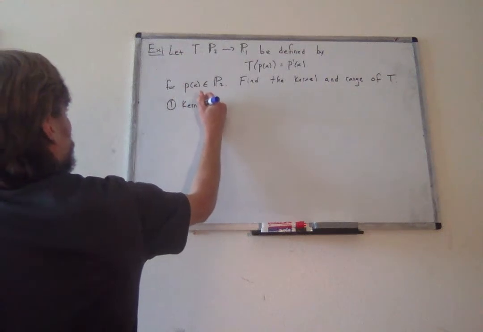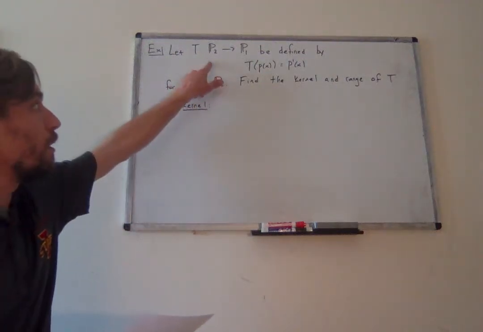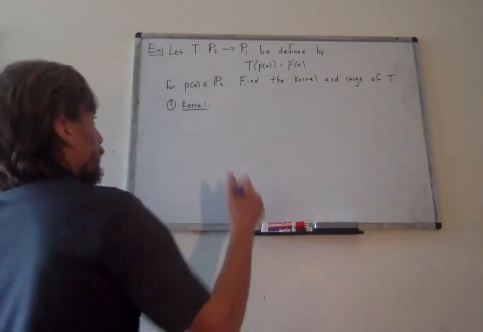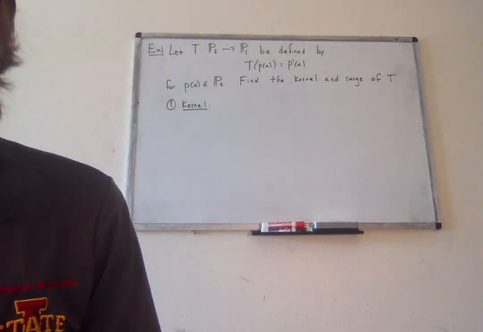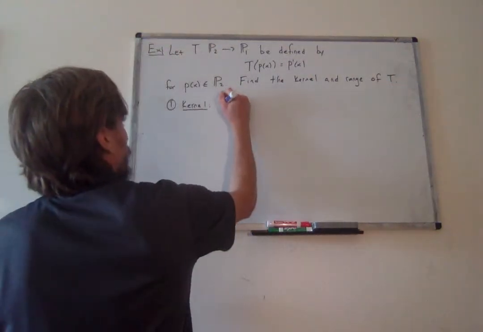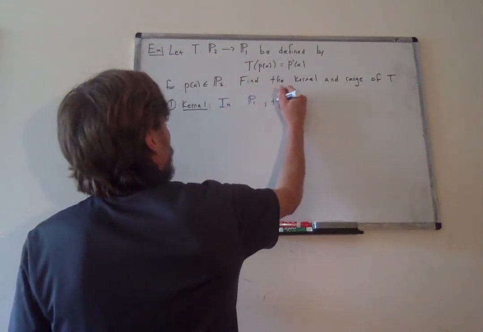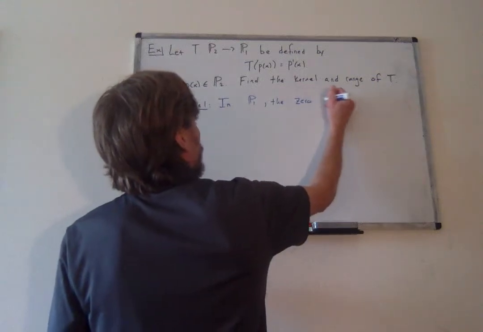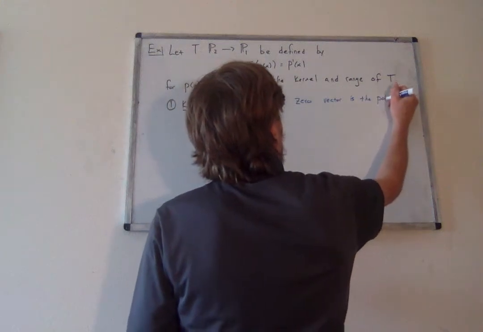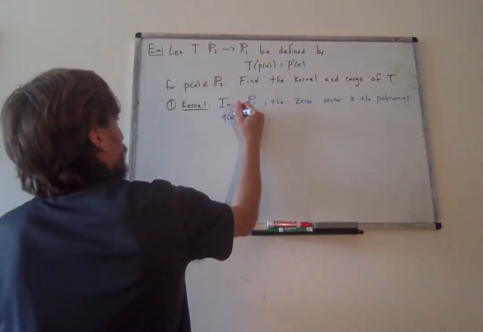We'll start with the kernel. Remember, the kernel is going to be all polynomials in P2 that map to the 0 vector in P1. So first things first, in P1, the 0 vector is the polynomial Q of x equal to 0.